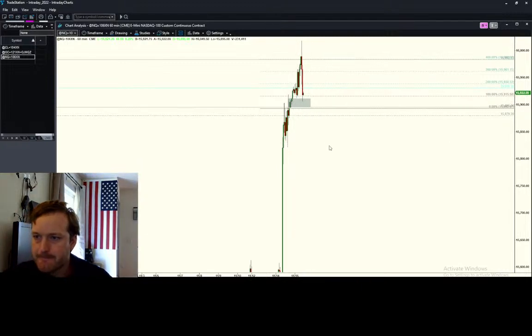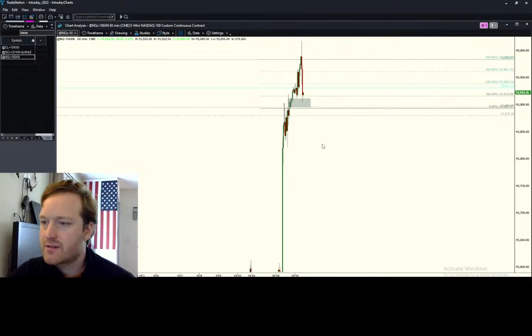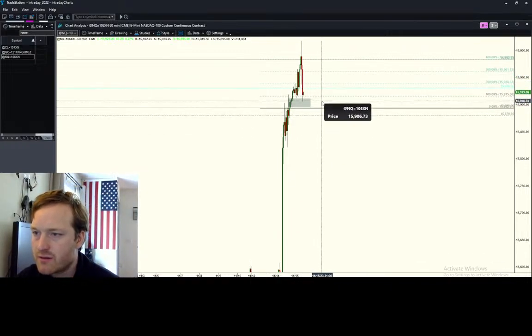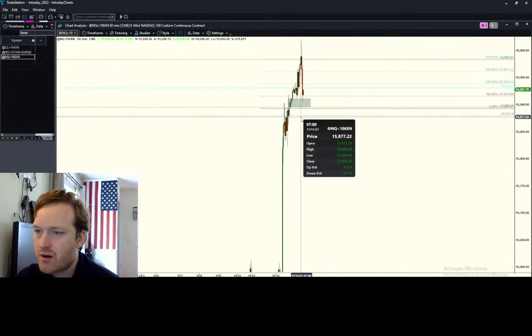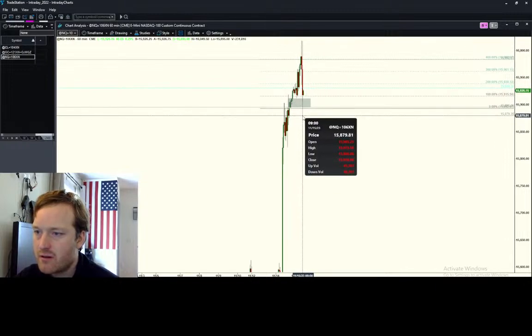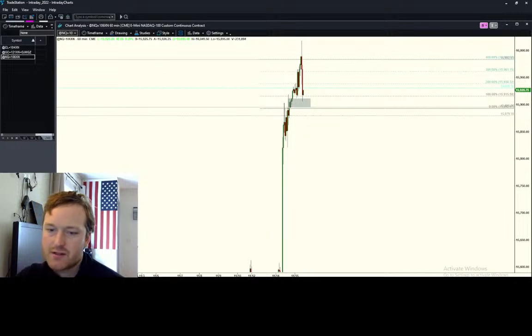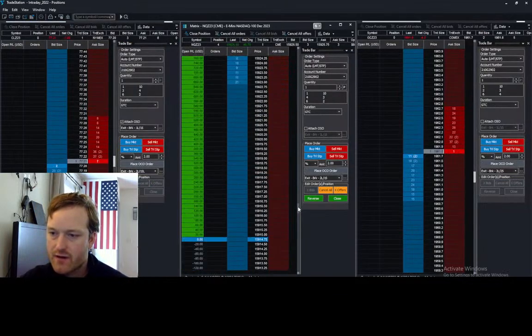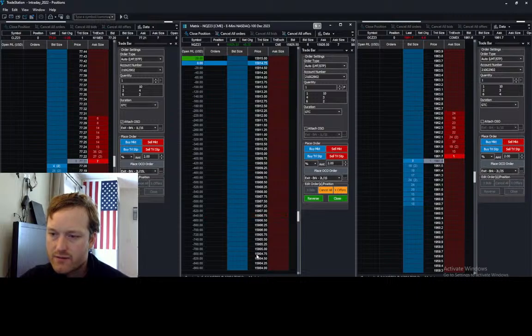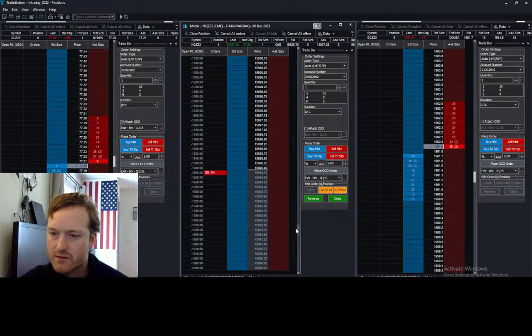It's likely if it breaks this low, it's gonna go lower. So I should probably move my stop to there. This low, 906 flat, so 905.75. 905.75, which is $720 risk.